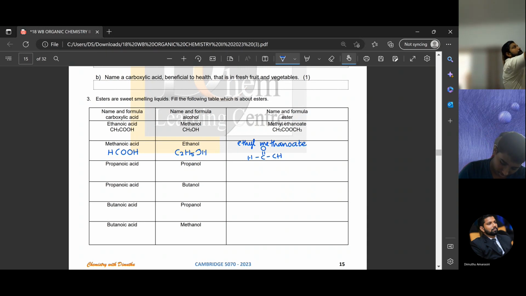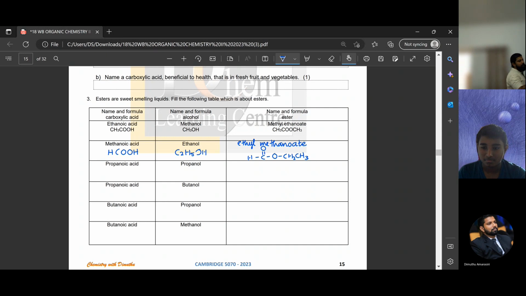Basically you need to have C double bonded O, and on the single bond oxygen side you need to have the ethyl group. Is that clear? Right?